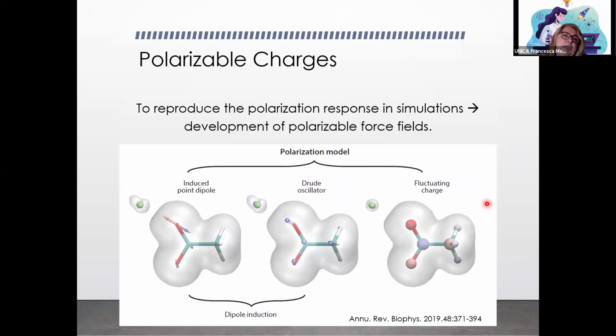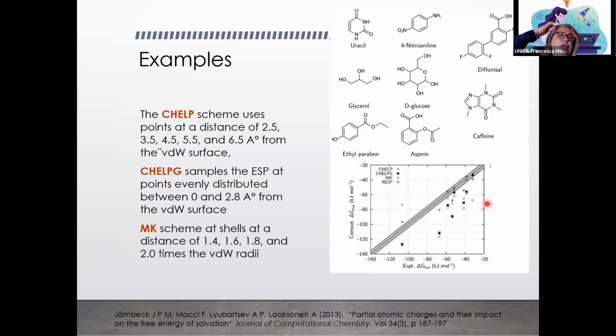In most of the simulations that you find in literature using force fields on DNA, you have a fixed point charge on the nuclei. So you have a charge typically at the center of the nucleus that is fixed there.